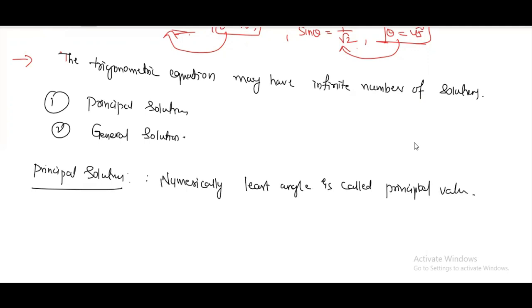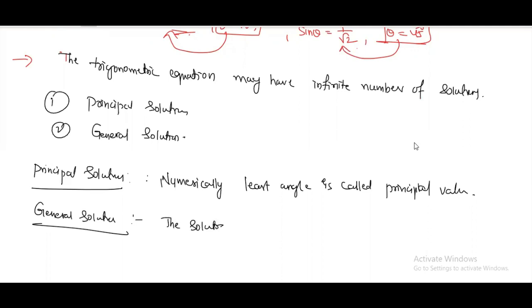What is meant by general solution here? The general solution is all the possible solutions of one particular trigonometric equation. How can we write the definition?